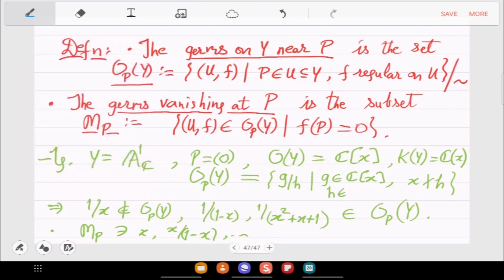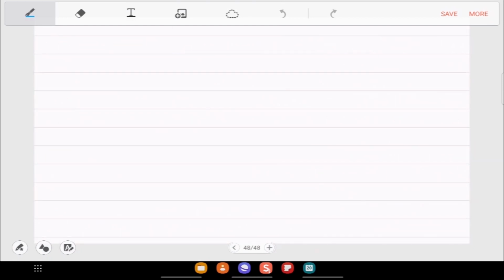It's an ideal. And we'll prove actually more properties of O_{P,Y} the next class. Some of these you can already try as an exercise.